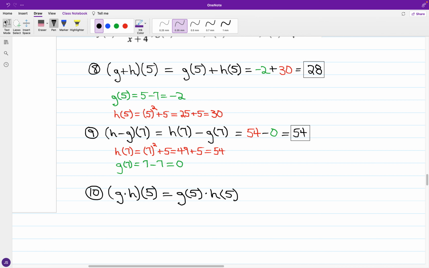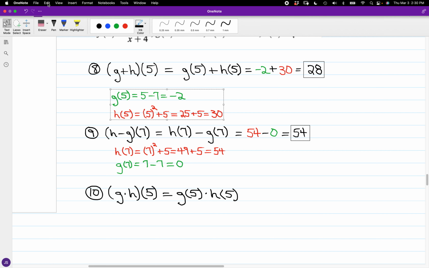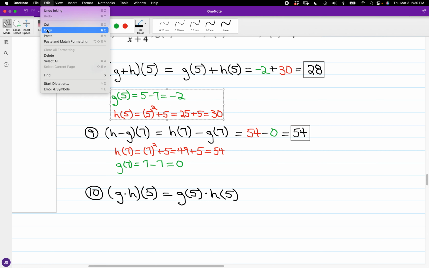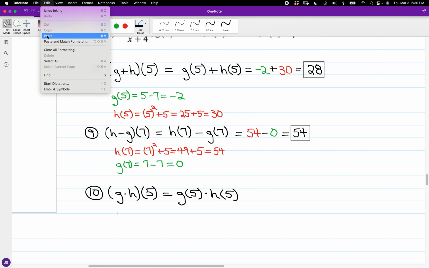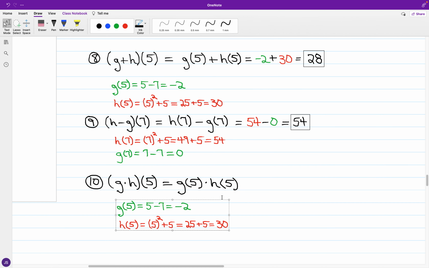We have g of 5 and h of 5 all over again. For number 8, we already attained those values. g of 5 is going to be -2, h of 5 is going to be 30. Filling in, you have -2 times 30, and the output ends up at -60.